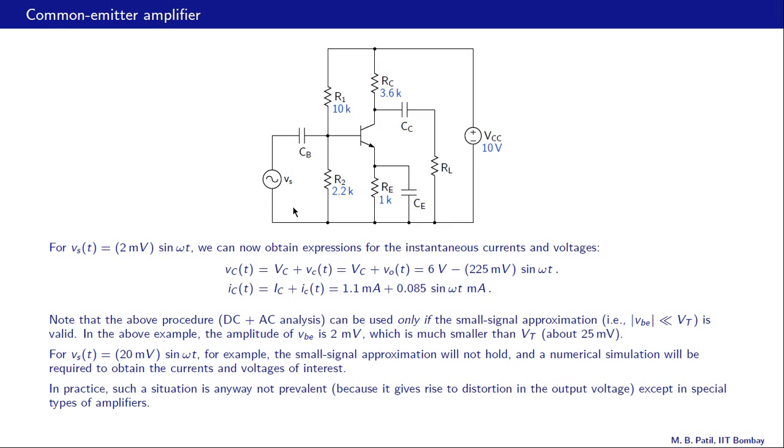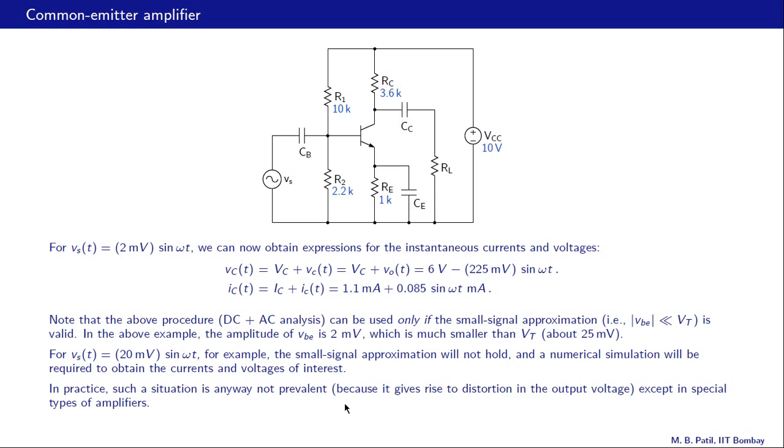So even for a sinusoidal input voltage, the output voltage will not be sinusoidal anymore, and that is certainly a situation which we do not desire. So in practice, generally this small signal approximation will be valid, especially for circuits of this type, and therefore we can use DC and AC analysis separately, like we have done here.